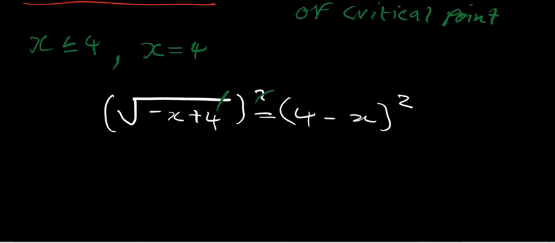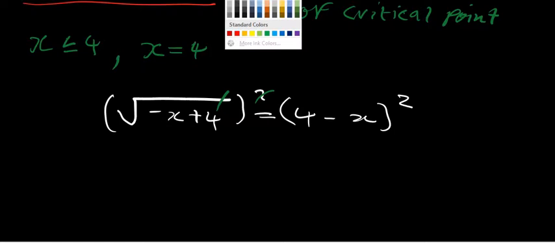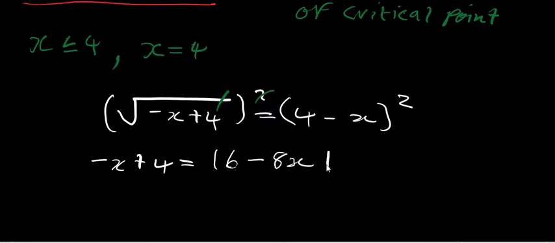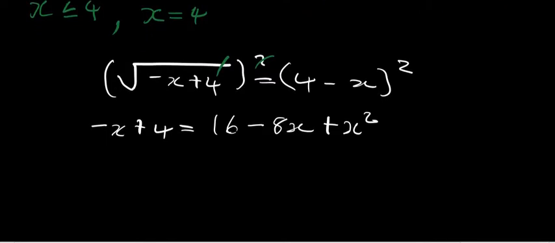And then when we do that well, we are going to have negative x plus 4 is equal to, then this squared, it is 16, 2 times 4 is 8, times negative x, it's negative 8x, and then x squared is simply equal to x squared. Okay, so we have that as our equation which we need to work out.